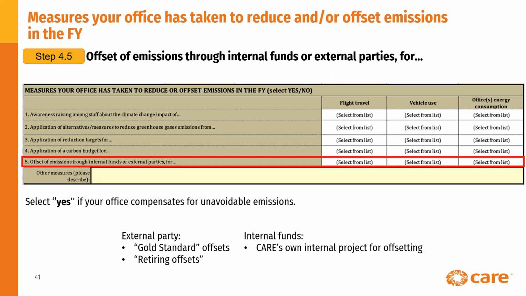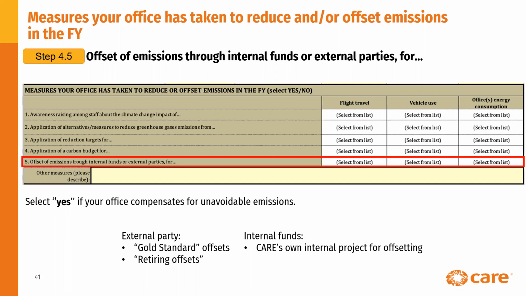This is notably shown in the EU. You can find the links, which are in the presentation, in the notes: sandbag.org.uk-carbon, or carbonretirement.com. Your office should also take into account that land-based offsets, such as tree planting, might not always be the best option, as they are by their nature temporary: trees die in time, emitting the carbon they have absorbed back into the atmosphere.